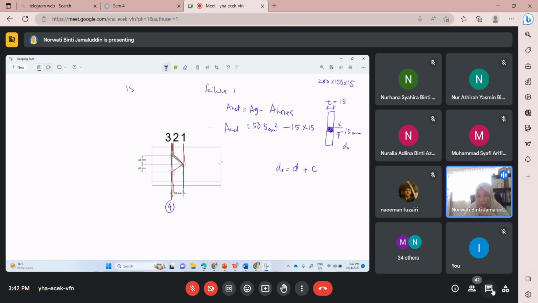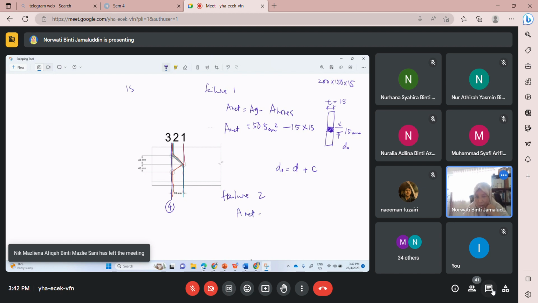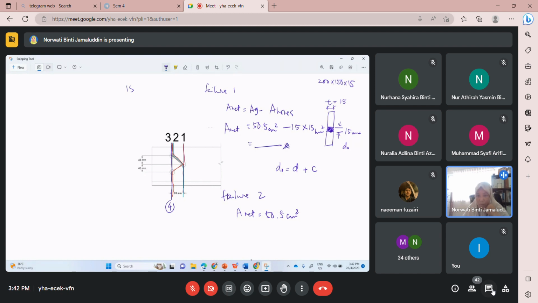Then you can get your A net. Then failure line number 2: A net is equal to AG, 50.5 centimeter squared. This one is in millimeter, so you need to convert first before you solve this problem.